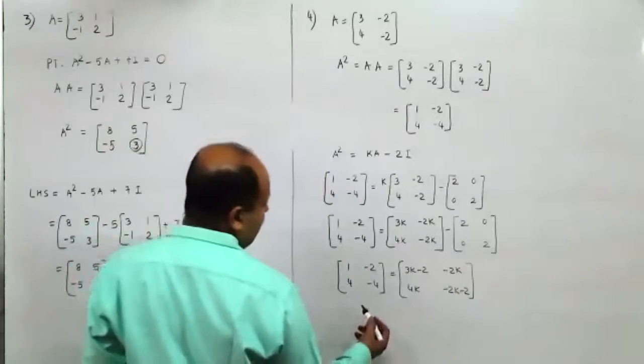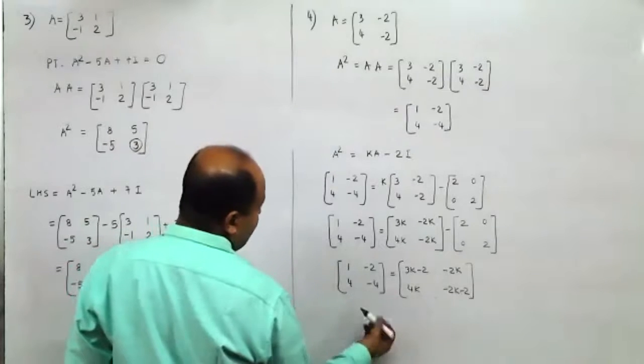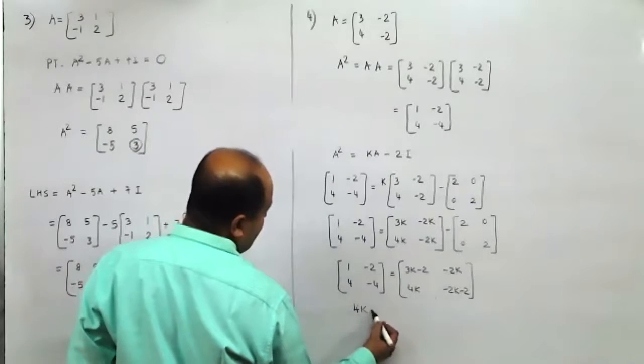Now here 4K is 4, minus 2K is minus 2, so K equal to 1.